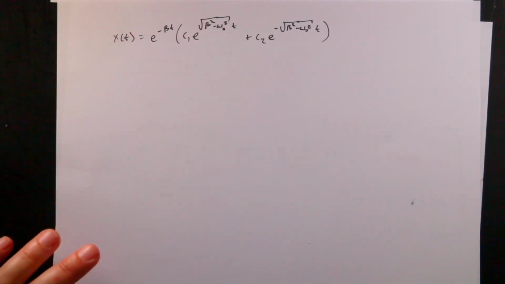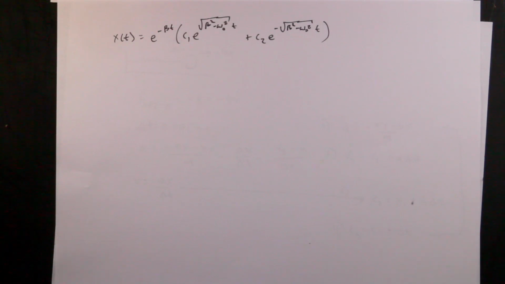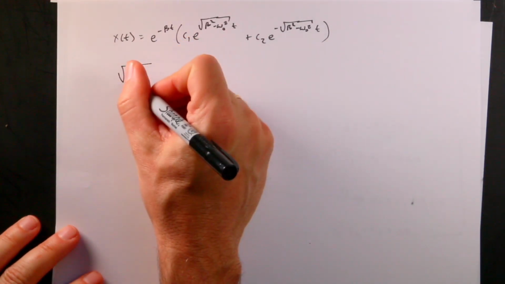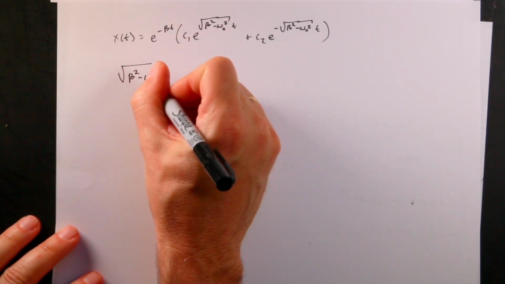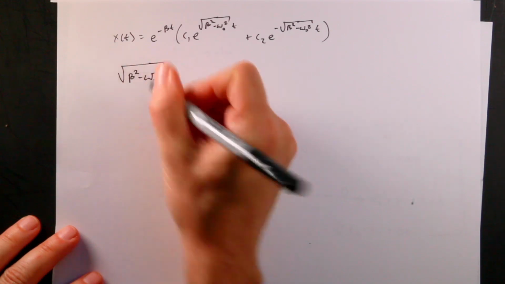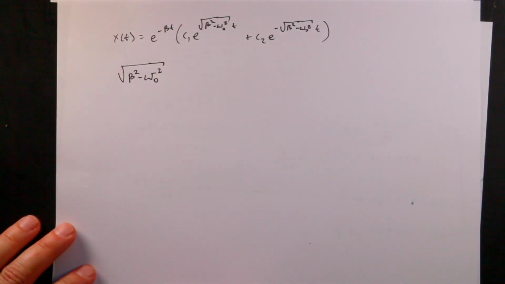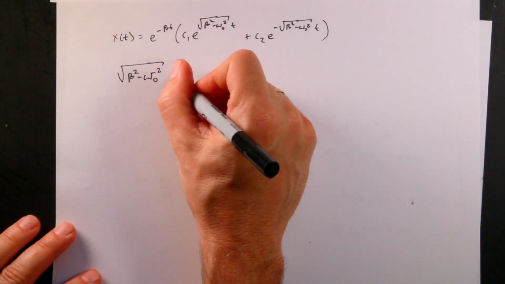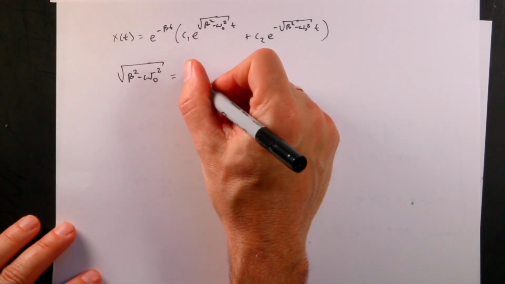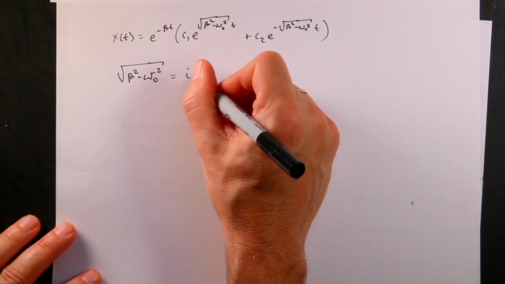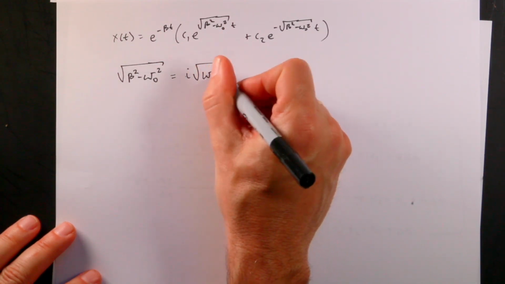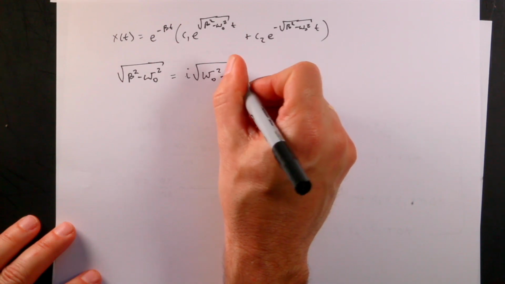So let's call this the square root of beta squared minus omega naught squared, and let's assume that the term inside is negative. So I'm going to write this as equal to i times the square root of omega naught squared minus beta squared.